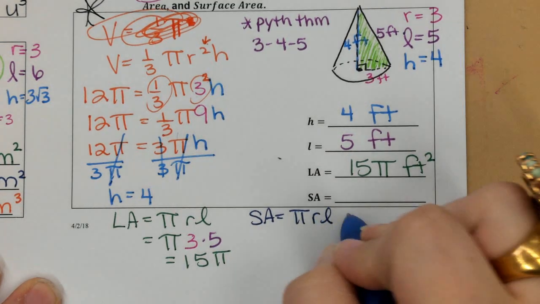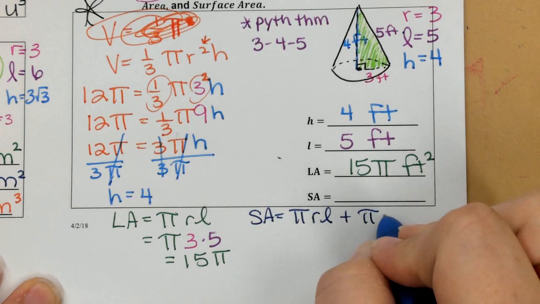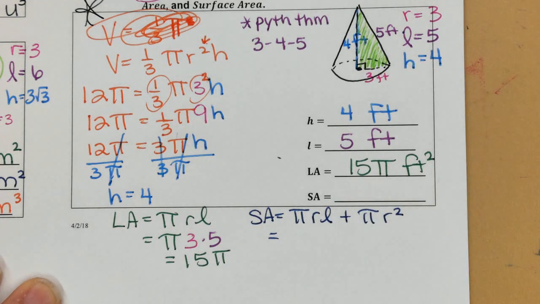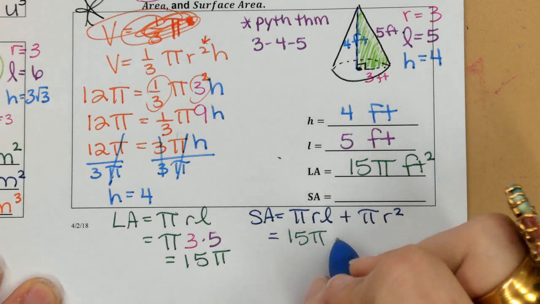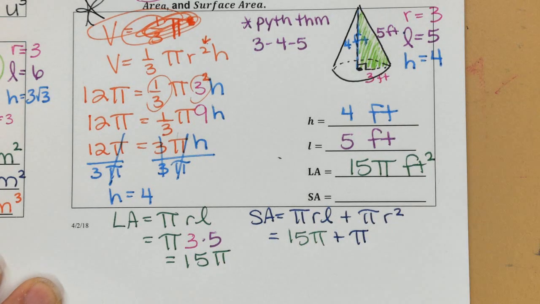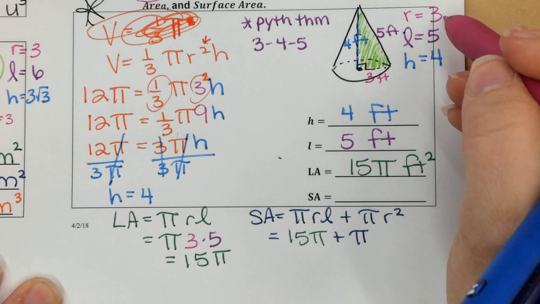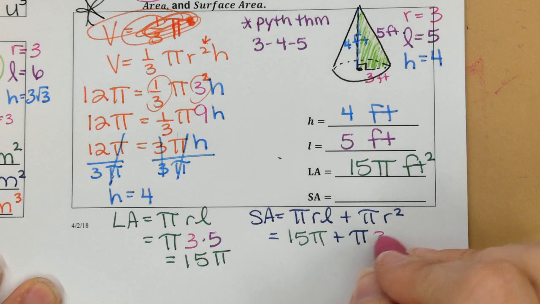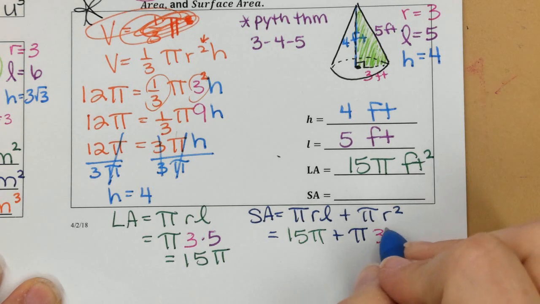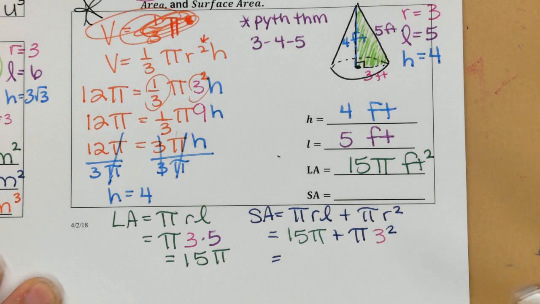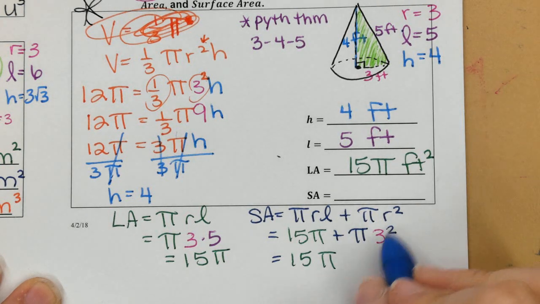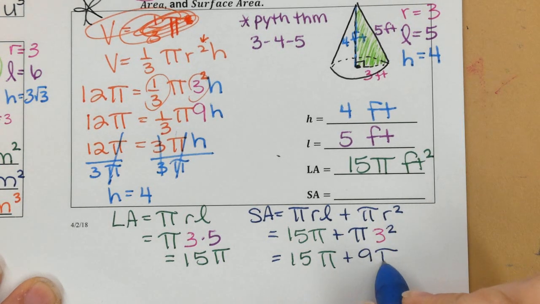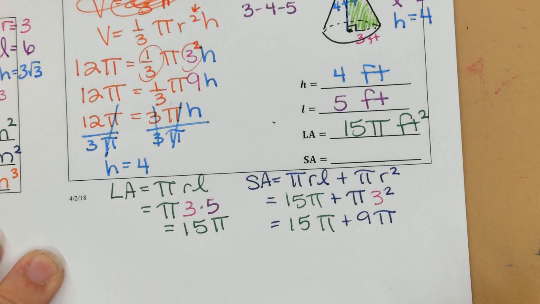And surface area is LA plus 1 base. Plugging these things in. Radius is 3. 3 squared is 9.